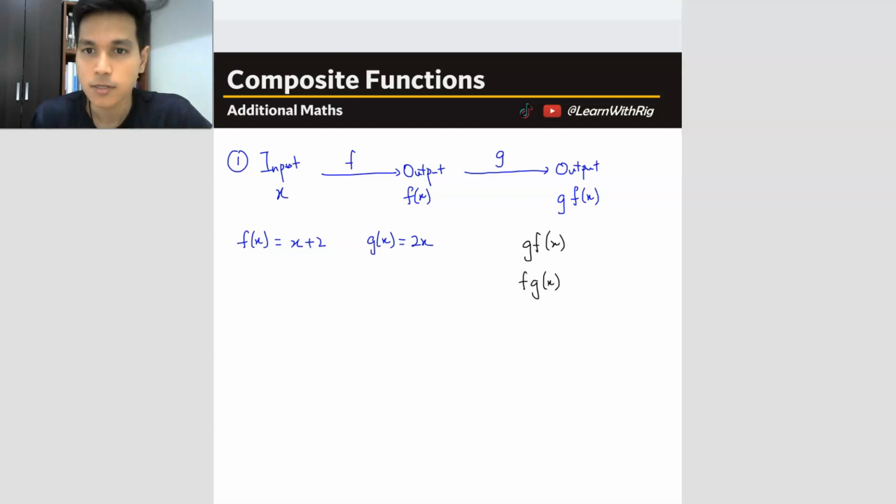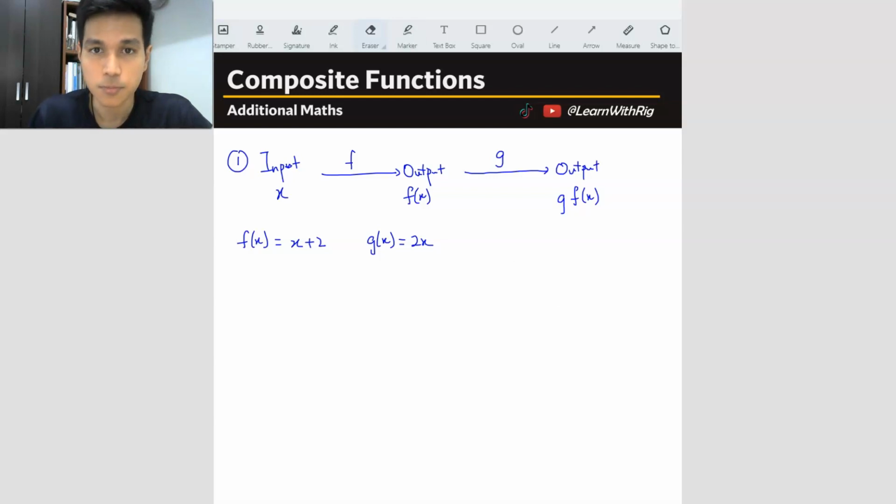The answer is no. These two composite functions are not the same, because the first one goes through f(x) first and only then goes through g(x), and the second goes through g(x) first and only then goes through f(x). So the answer that you will get is different. Please bear that in mind.